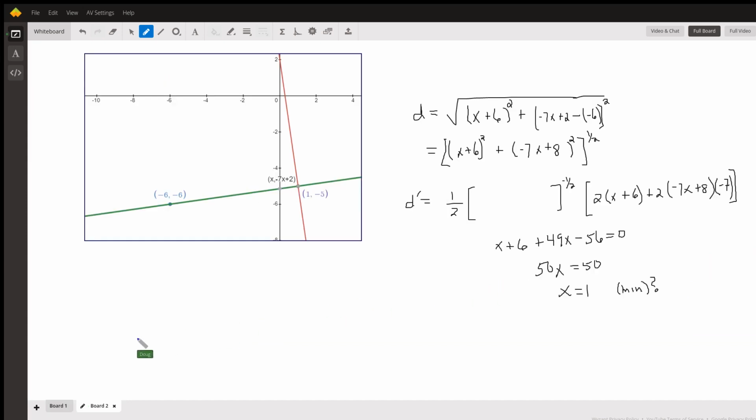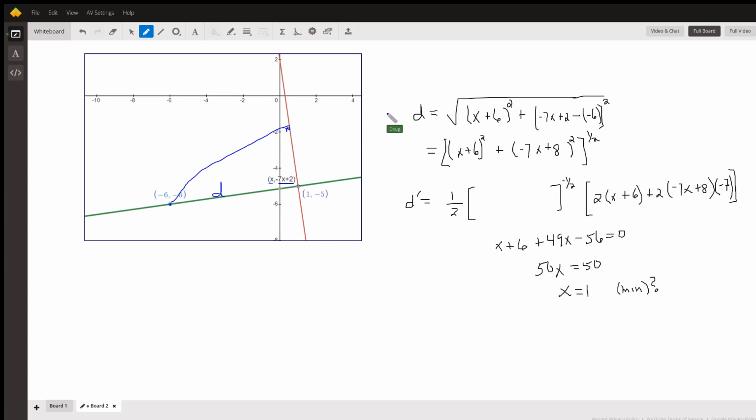Now, if you want to use calculus, the idea is that for any point on this red line, if the x coordinate is x, the y coordinate is -7x plus 2. And if we use the distance formula to find the distance between those two points, that would be true of any point on this red line.